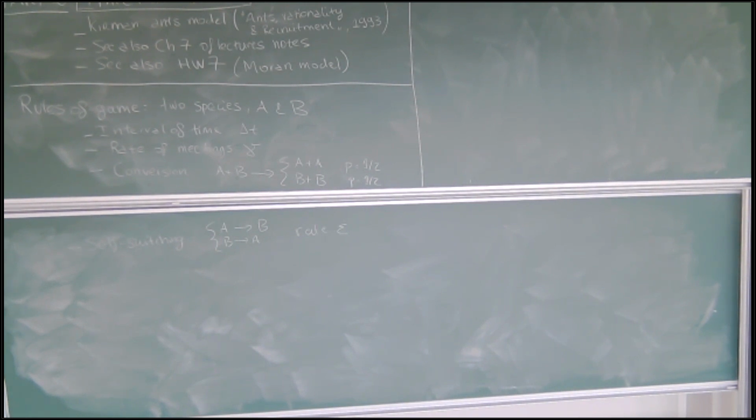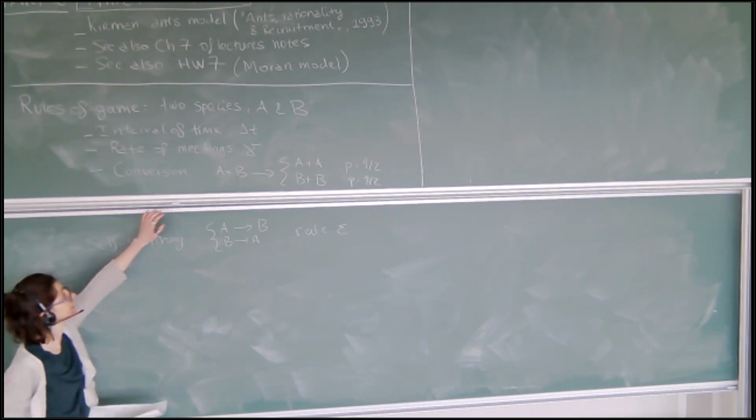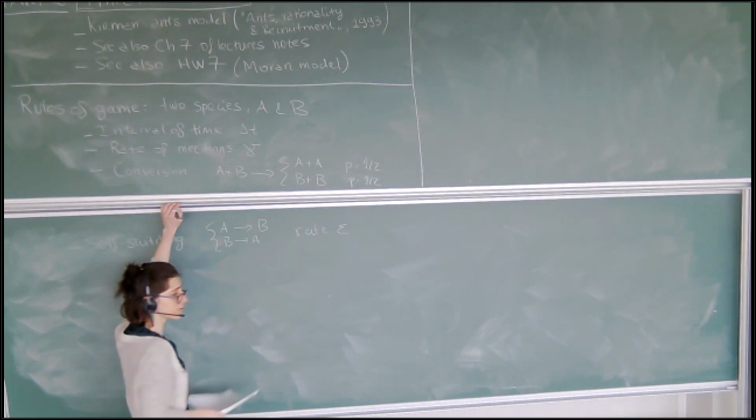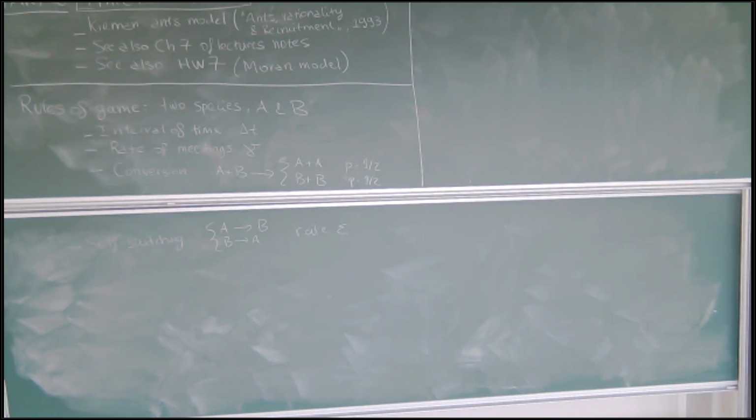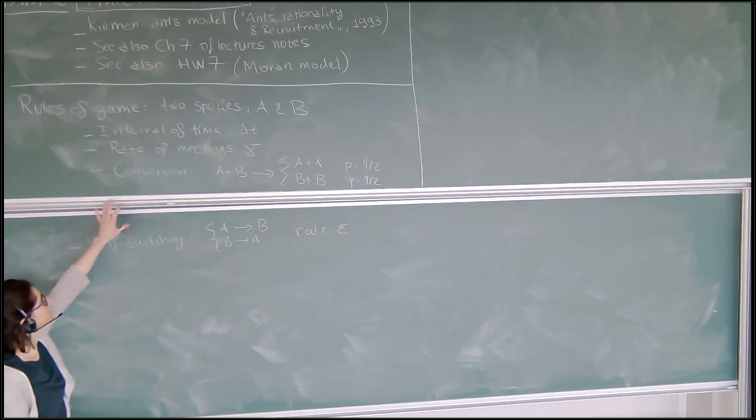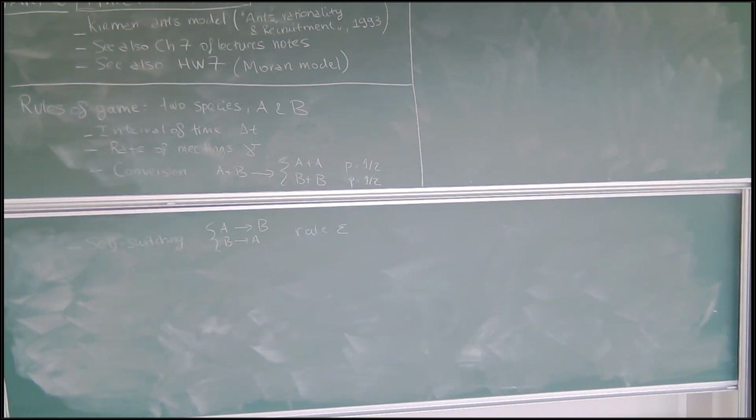And now, before going to the exercise, let me stress something. We are going to solve these models. And from the technical point of view, what will be important is what I will discuss in point 2 of the exercise.